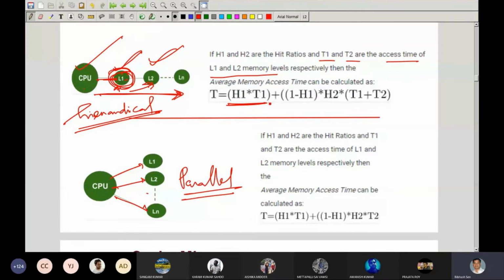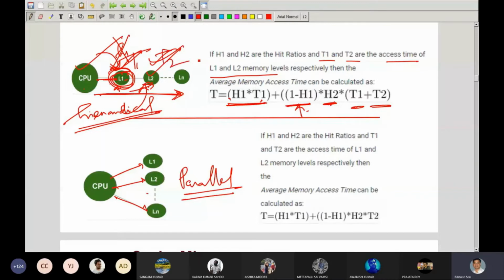First of all, if H1, H2 are hit ratios and T1 the serial access time, then H1 into T1 is the searching time to get the page from L1. If it is not found, then you go to L2. The hit ratio of L2 has additional time T1 plus T2, T1 for the first search and T2 for this one.